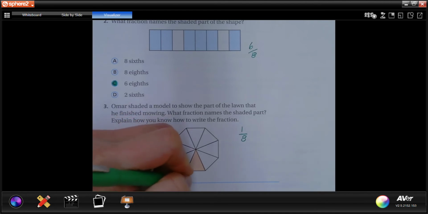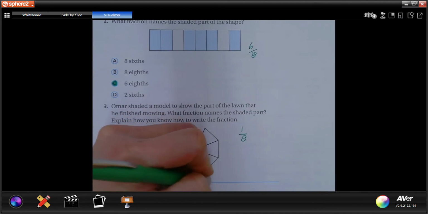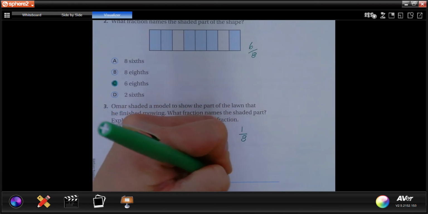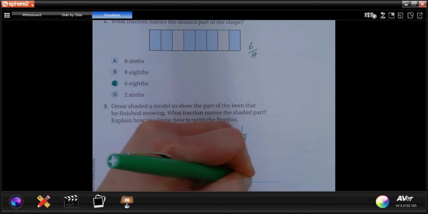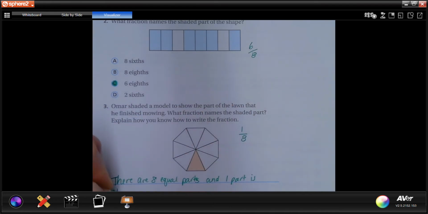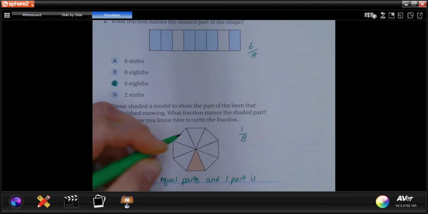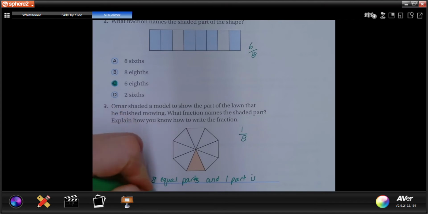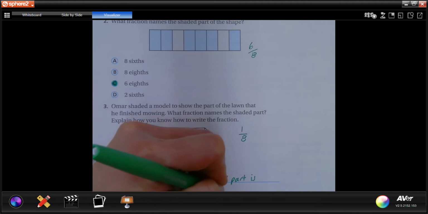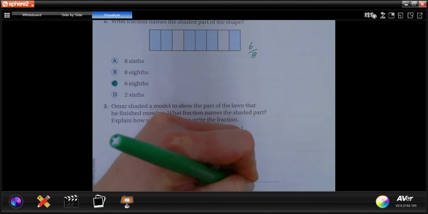Our numerator is 1. So, there are 8 equal parts and 1 part is shaded. So, write 1 on top and 8 on bottom.